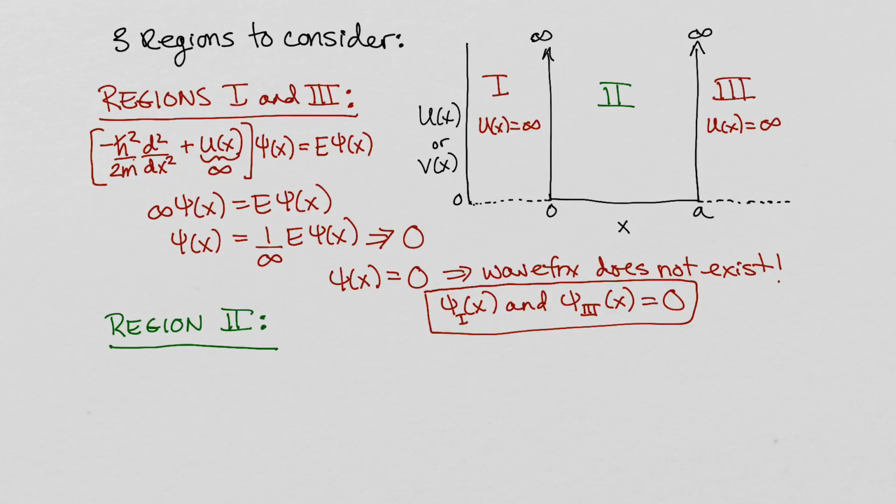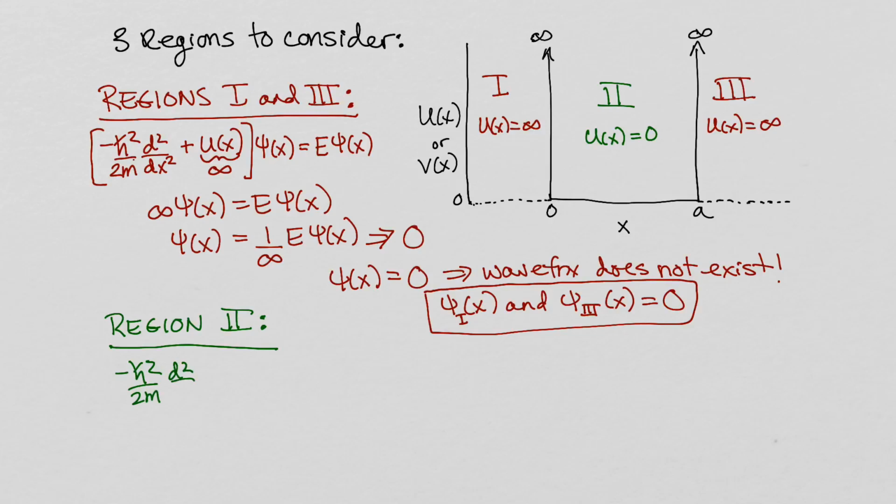Okay, so now hopefully we'll get something a little bit more interesting for region 2, so we have something to do with ourselves. Once again, we'll set up our time-independent Schrodinger equation for region 2. Remember here, our potential energy we said was 0. So we'll just plug that into our Hamiltonian.